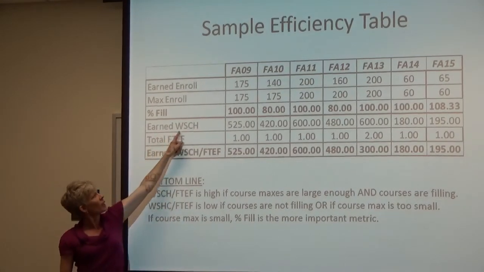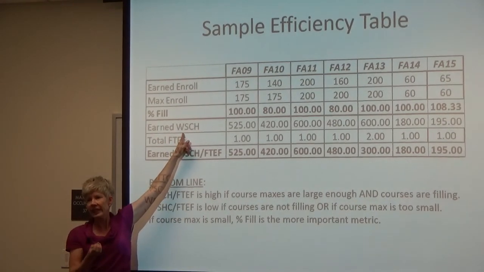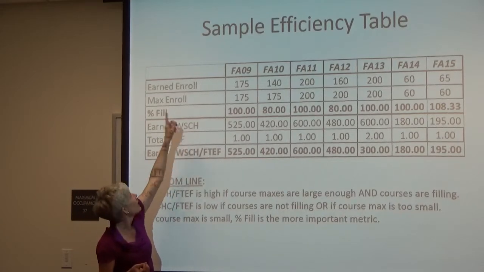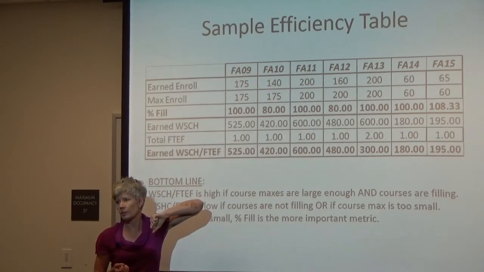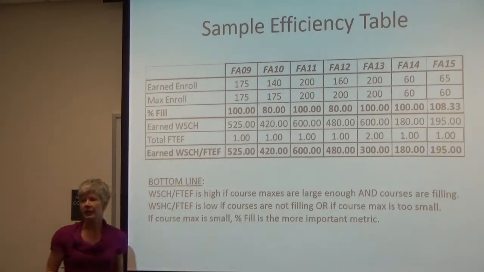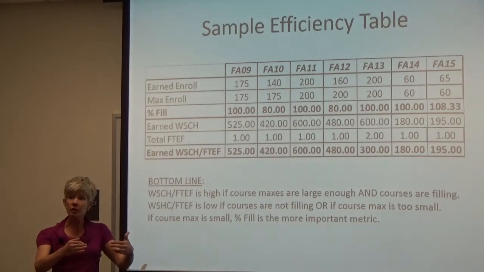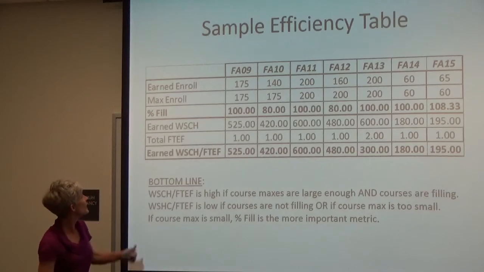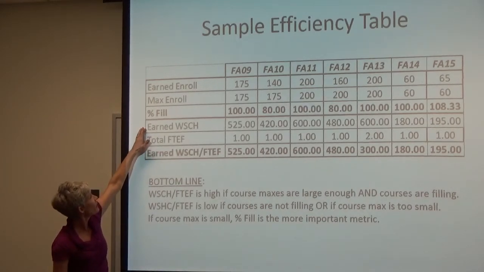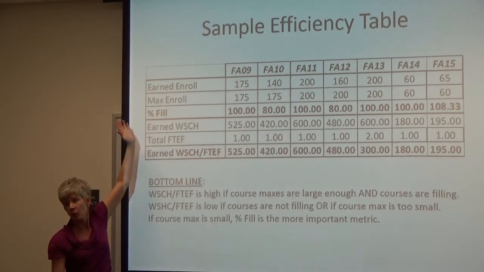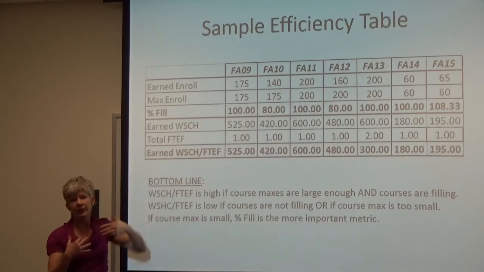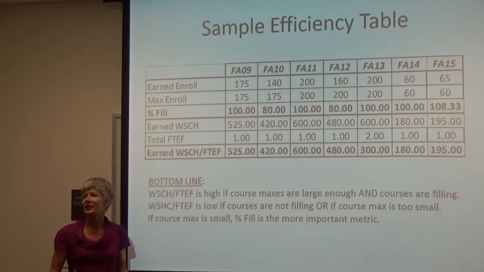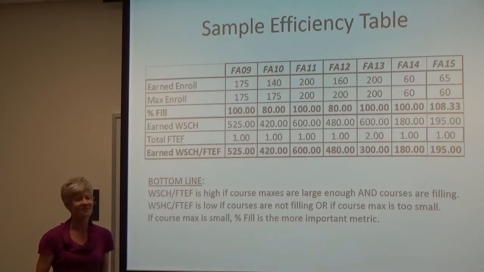The reason we call it earned wish is because we only get the wish for the students who actually enroll in the course. So we can also calculate a max wish that would be the one that we'd get if our courses were full. In this case, the earned wish and the max wish would be the same thing because our course is full. Right? We only get credit for the work that we earn.